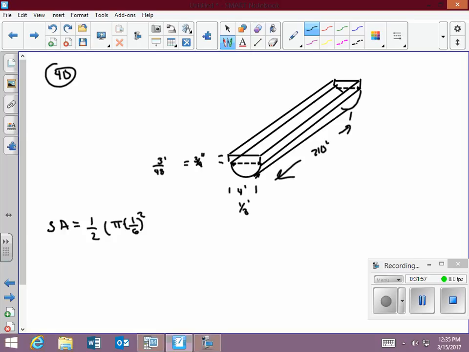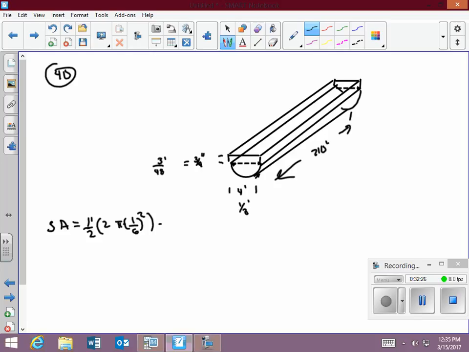And it's going to be 2 times that, right? It's 1/2, and there's 2 of those ends that are pi times 1/6 squared. That's going to take care of those 2 ends, less the little lip up there.